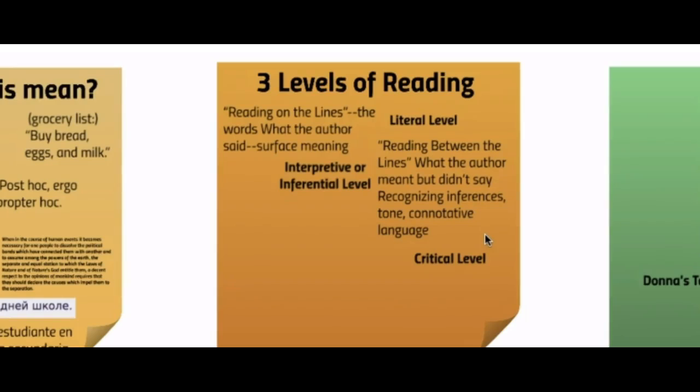So if you know that the person in your household who is asking for the groceries wants brown bread and large eggs and 2% milk, you know that from them because of your past experiences, because of the guesses you make when you infer from what you already know about that person, then you will read that grocery list with an interpretive eye or on the inferential level, and you'll buy that type of bread or eggs and milk.